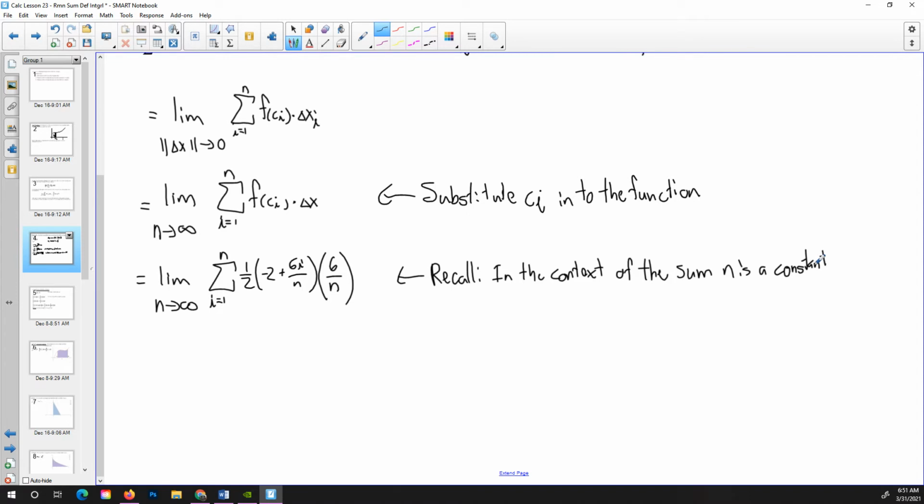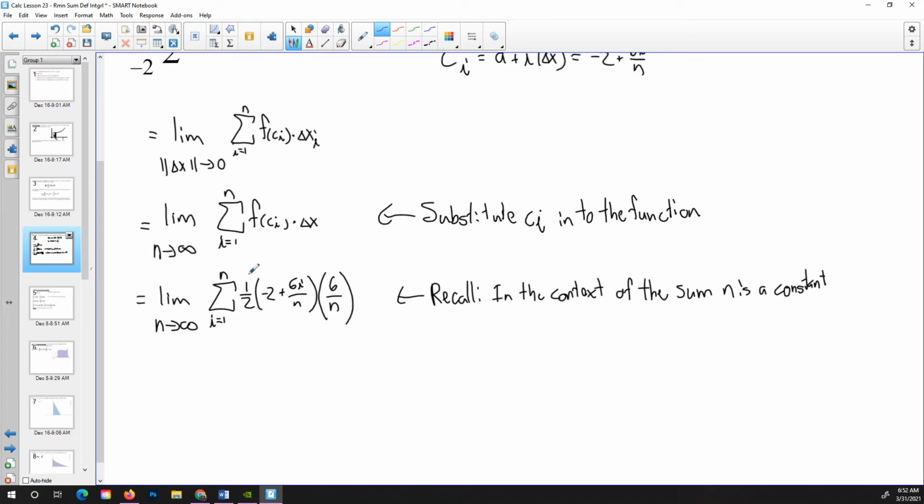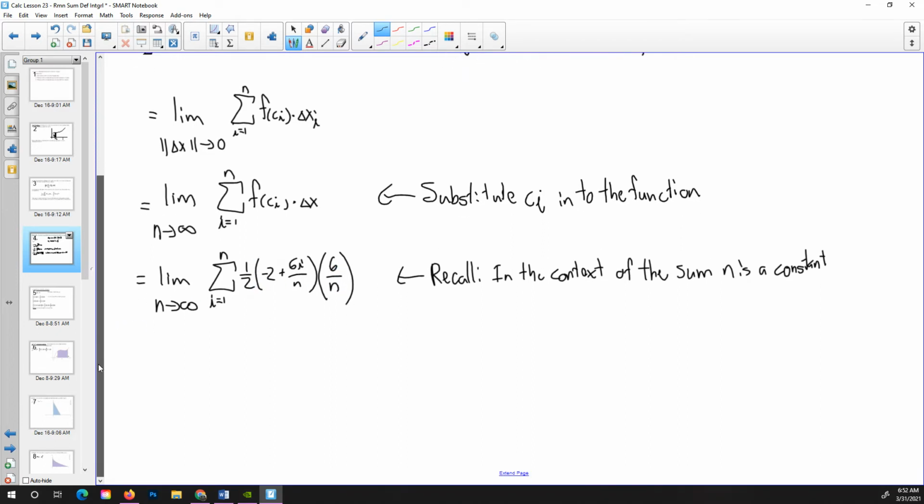All right, so let's make this a little bit easier on myself, or at least try. In this case, I'm going to move some constants out. So I have 6 over n, that's a constant, and a half is a constant. So half times 6 is going to be 3. So let's move that 3 over n out.